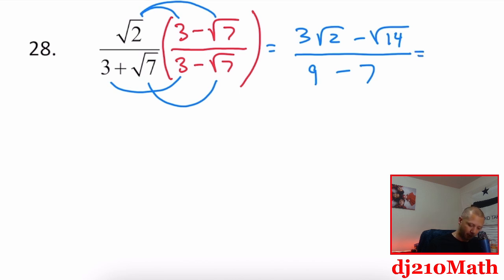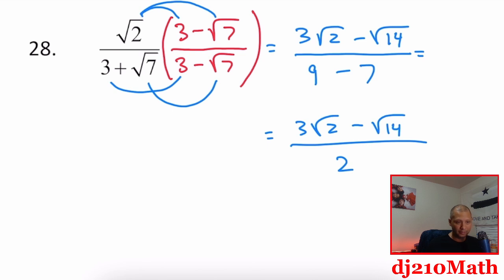This is going to be the final answer: 3 root 2 minus root 14. No, I can't get any simpler than that. 14 doesn't reduce. And then 9 minus 7 is 2.